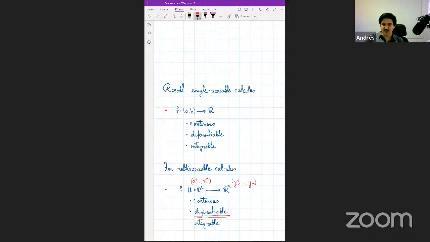So you have the standard coordinate system in Rn. Based on that coordinate system, f, you write it down like f1, up to fm, and then you do some partial derivatives, and you have a matrix, right?